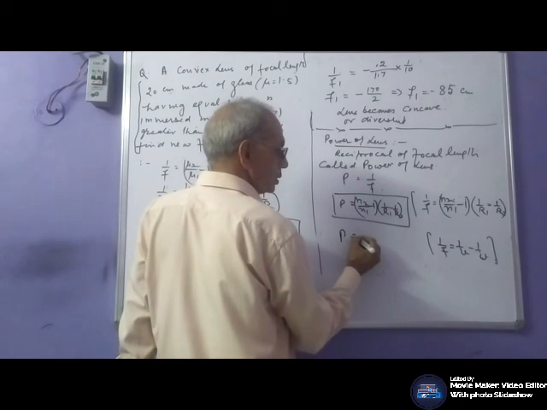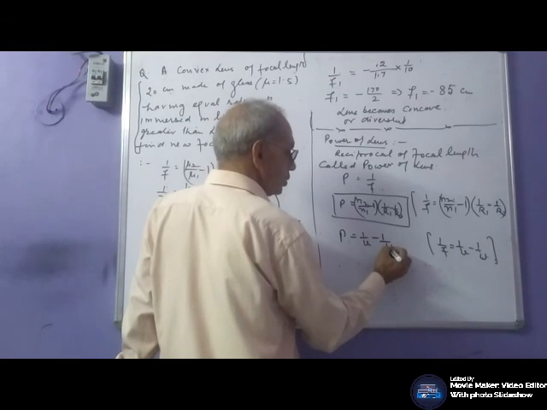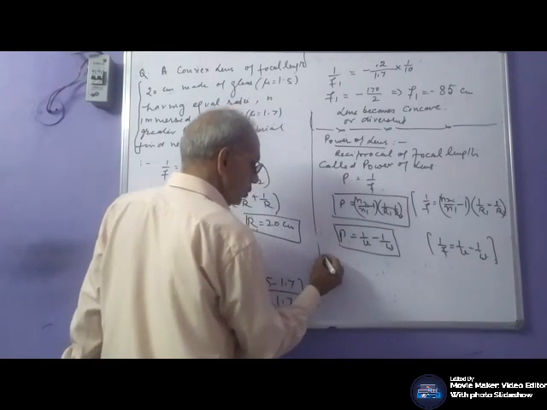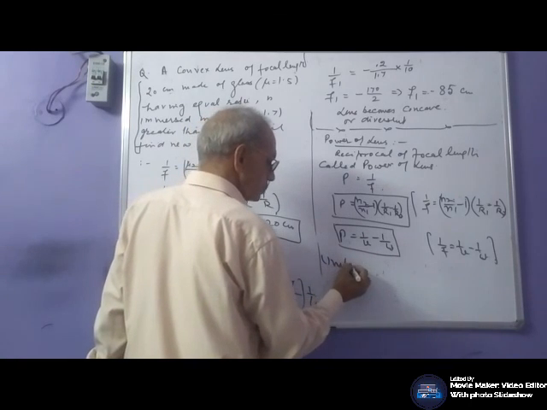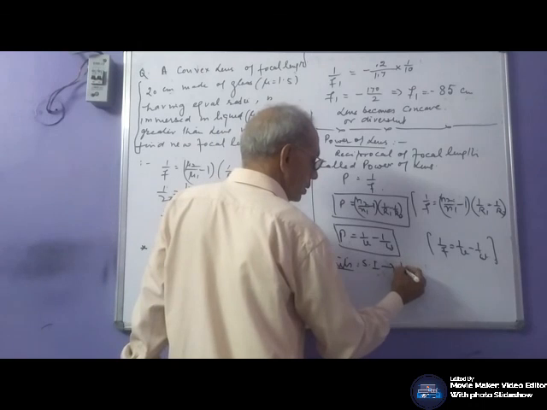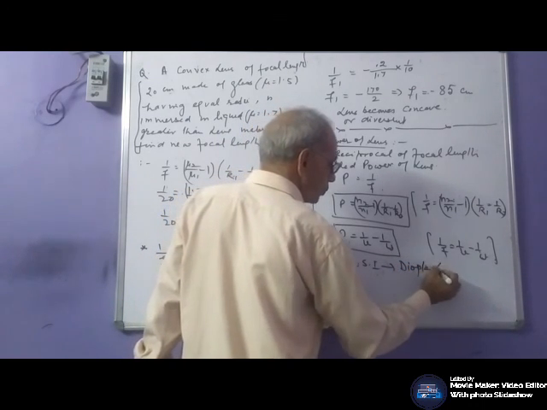So power is 1 by V minus 1 by U. Units: SI unit is diopter.